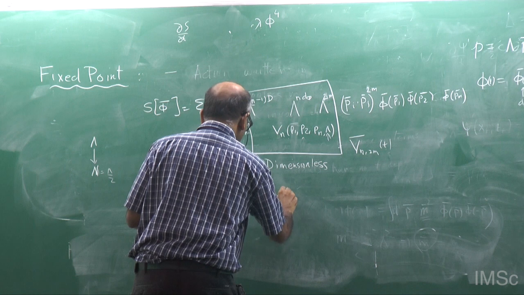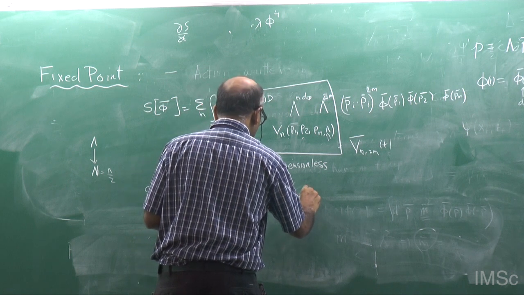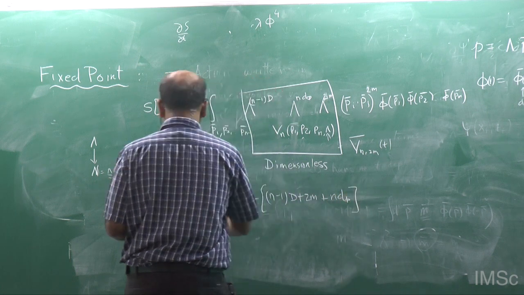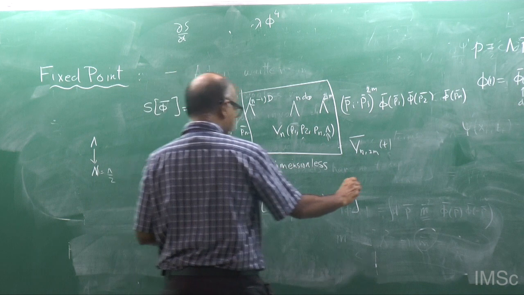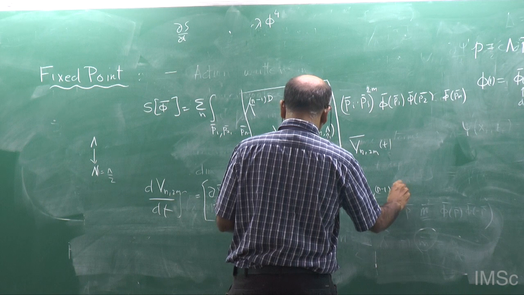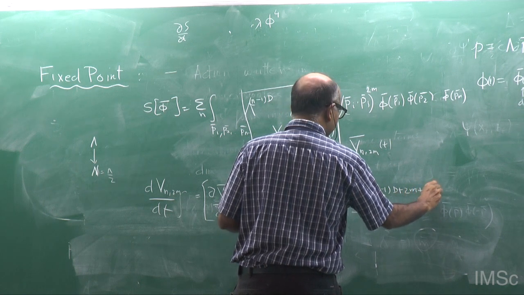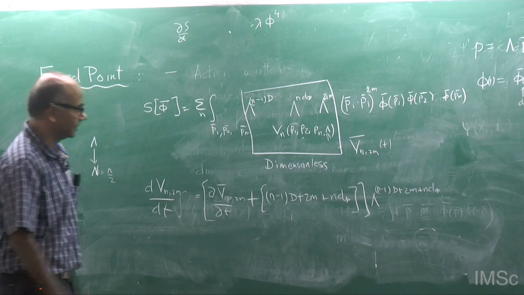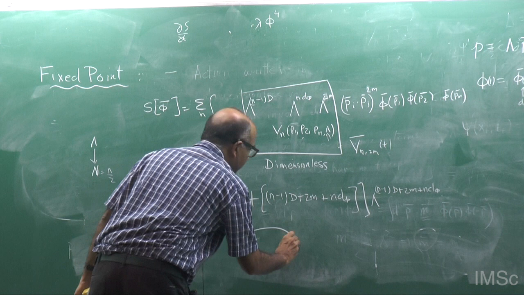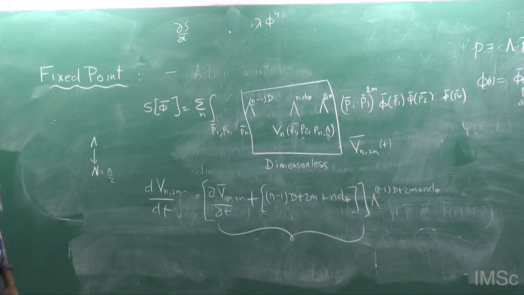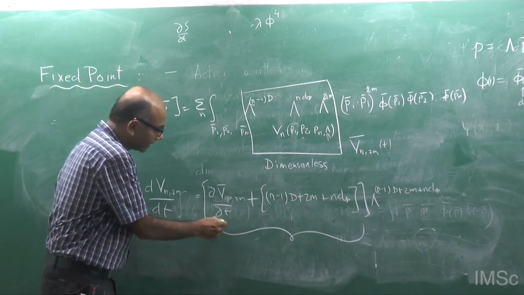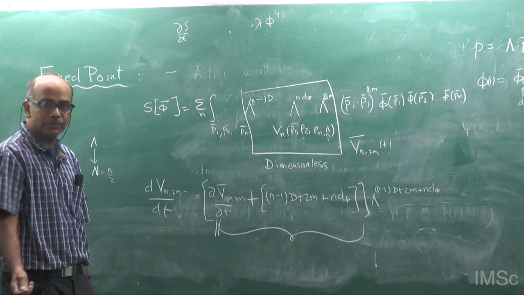What is this dependence? (n minus 1) d plus 2m plus n d_phi, times lambda to the power of (n minus 1) d plus 2m plus n d_phi. Okay. So this time derivative is actually this time derivative plus that, and this is the thing that you want to be equal to 0 at a fixed point.